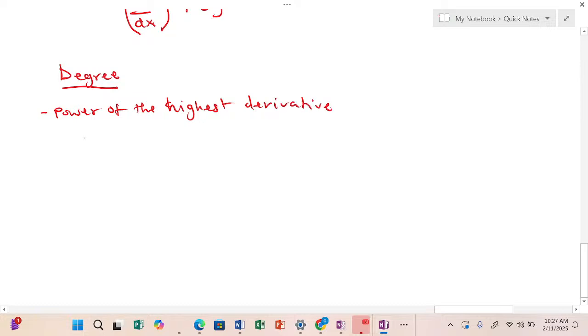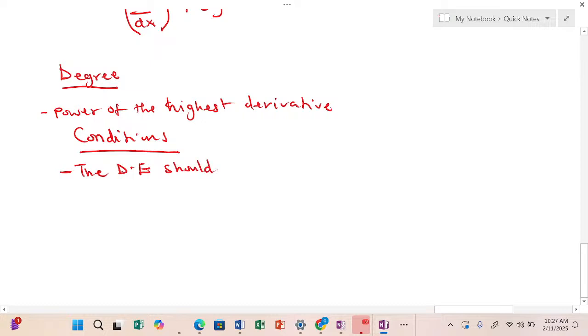But then there are conditions to be met. Let's spell out those conditions. The condition is that the differential equation should be a polynomial of its derivatives.